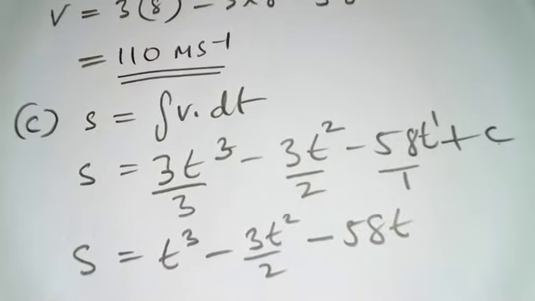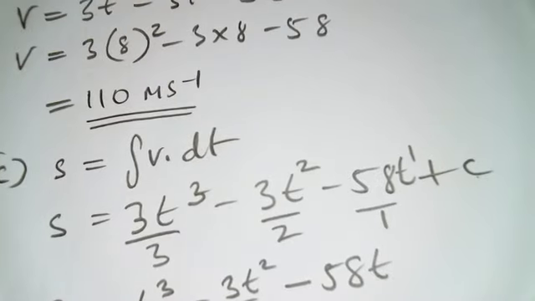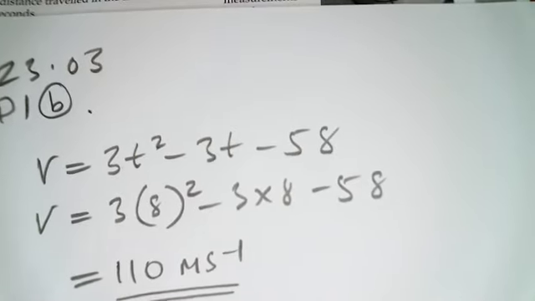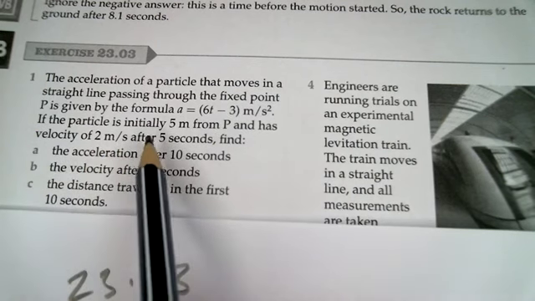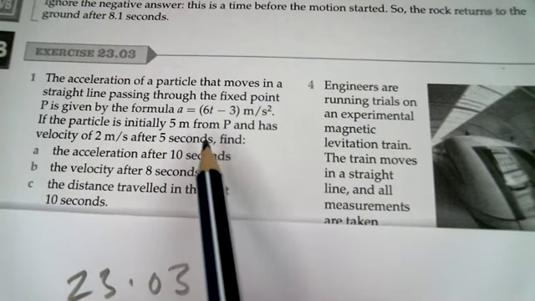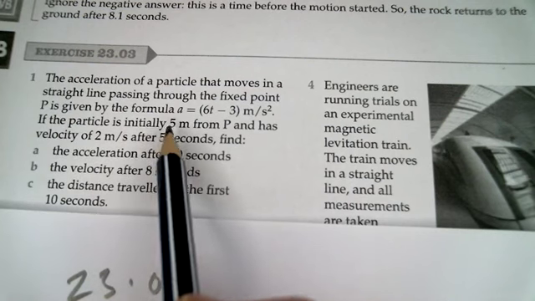So now we return and we say, well, what's happening at the beginning? This is where we have to look at the initial information that we were given. It does say the particle is initially 5 meters from P and has a velocity of 2 meters per second after 5 seconds. But initially means at time 0.